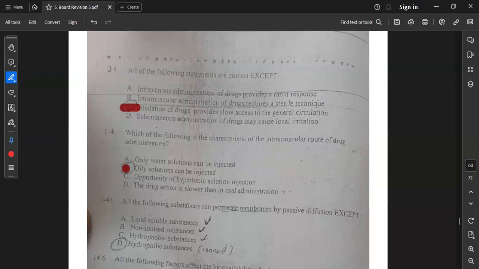It's painful and only small volumes can be given. Does anyone remember the rheology part of it?